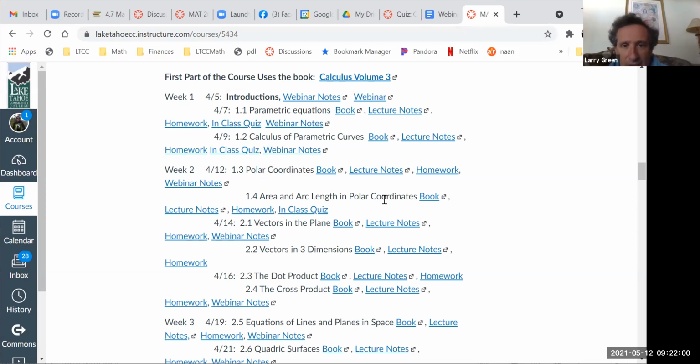Then there was area and arc length in polar coordinates. Who remembers the area formula? That was a special formula. It was an integral. You remember the area formula for polar coordinates?